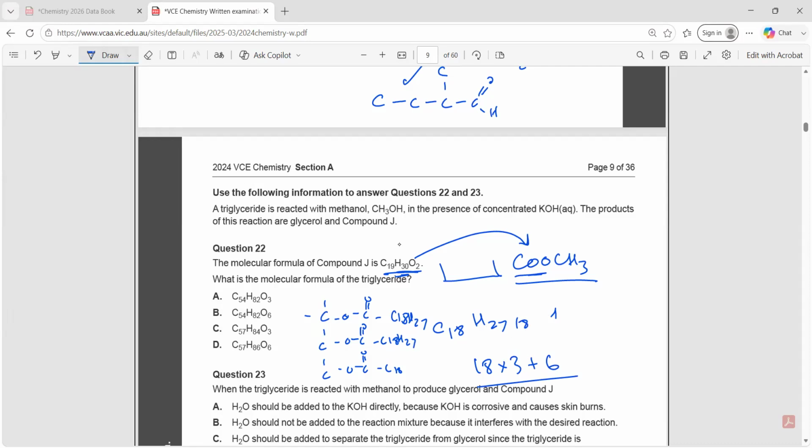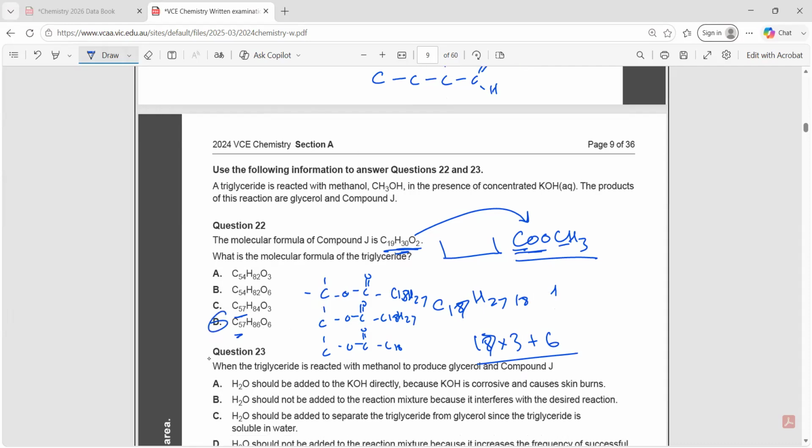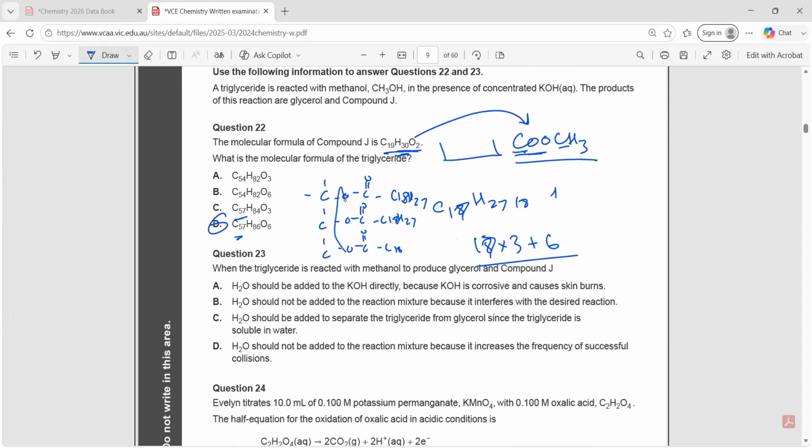No, I've done something completely wrong here. Oh, wait, sorry. 19 minus 2 carbons there. So it should be C17, H27. So 17 times 3 is 51, plus 6 is 57. And then there should be 6 hydrogens. So it should be that. So there'll be 1, 2, 3, 1, 2, 3. So 6 oxygens. That's tough.